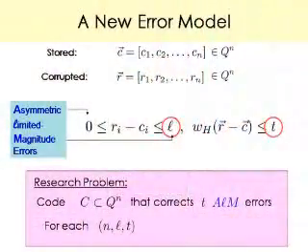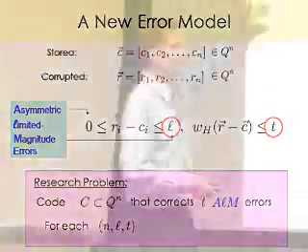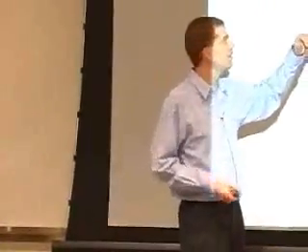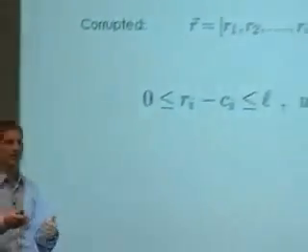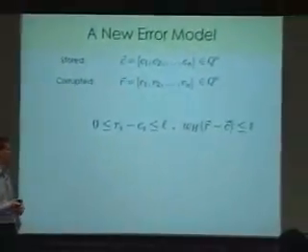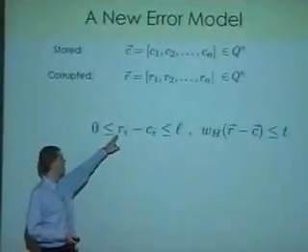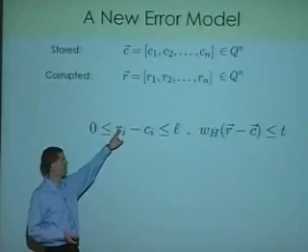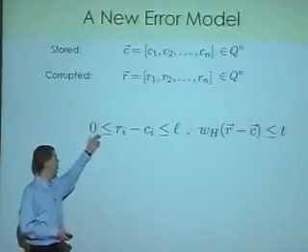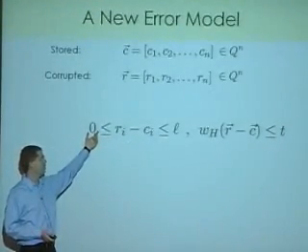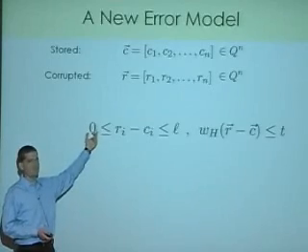Once we have those observations, we come up with an error model. So C is a vector of length n, which represents what we want to store on our memory. R is the corrupted version, the vector that is stored after some potential errors. And now we define the error model such that for each i, the difference between Ri and Ci is more than 0, which means asymmetry.